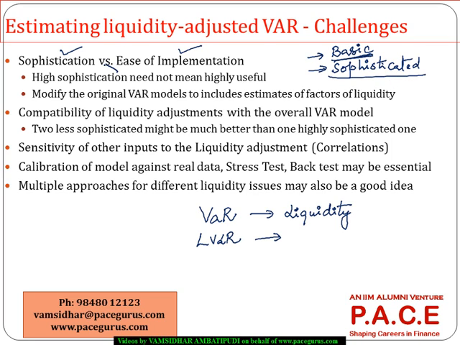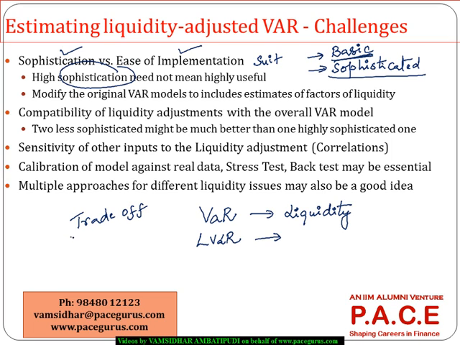If it is a sophisticated model with very advanced complexity incorporated, it doesn't mean that it will suit my purpose. In some cases, even a very small, simple model can suit the purpose much better, so I would call it a trade-off.